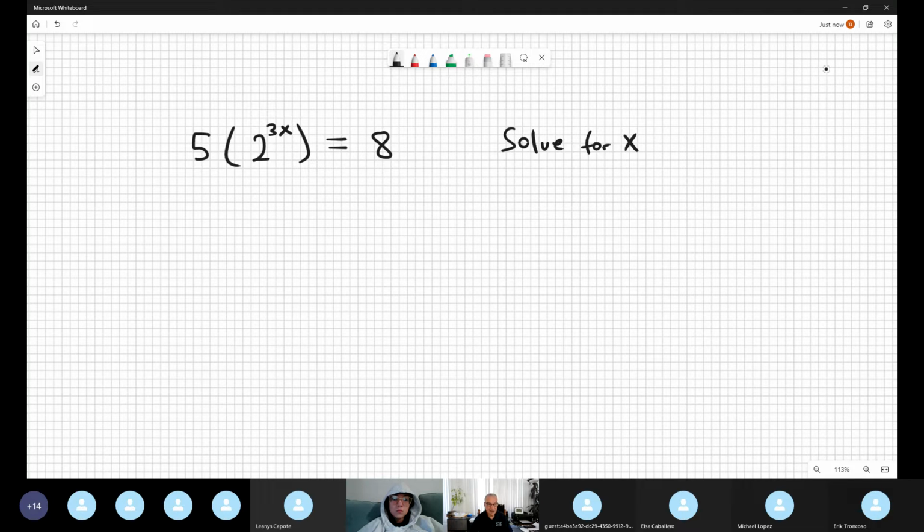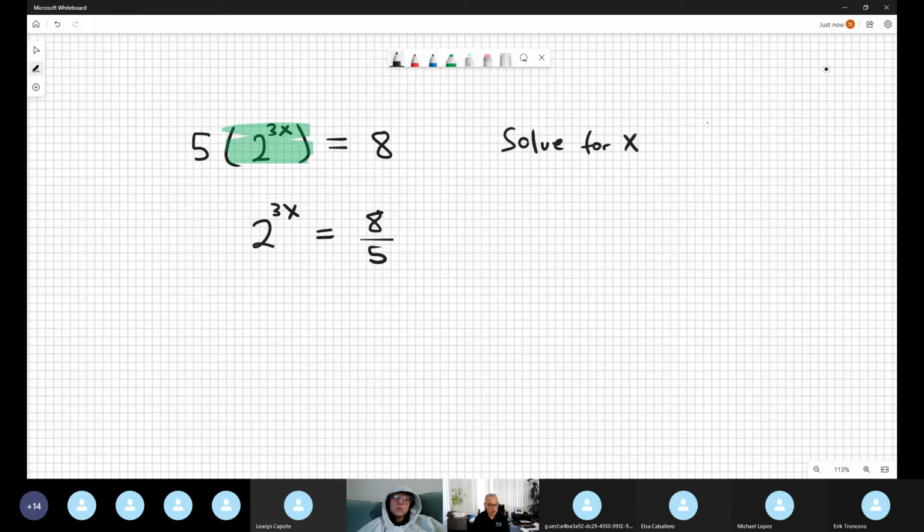Well, what is the step? Step 1 is try to isolate the exponential part. So you try to isolate that part. Therefore, you divide both sides by 5. Okay, and we can never get the same base. No, this is impossible. Therefore, you apply logarithm.